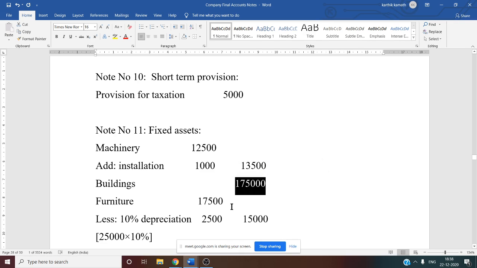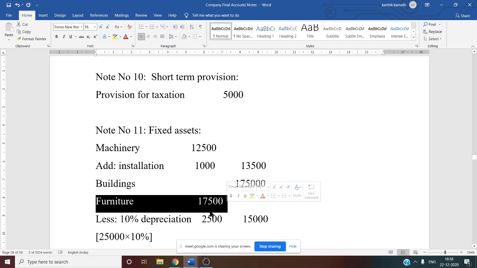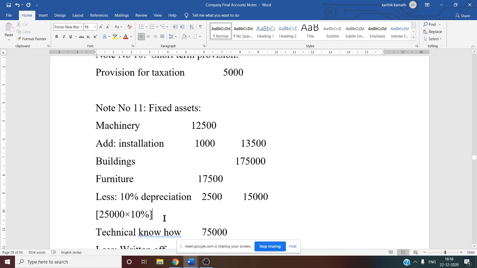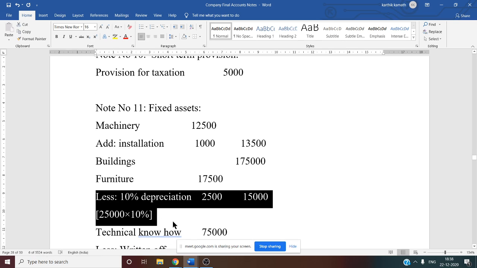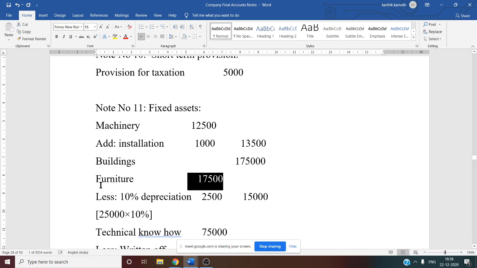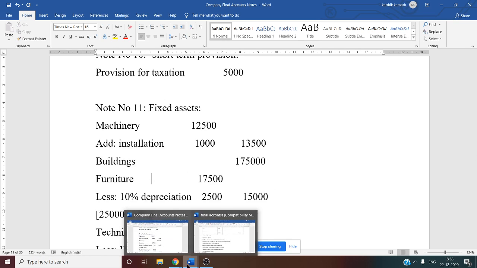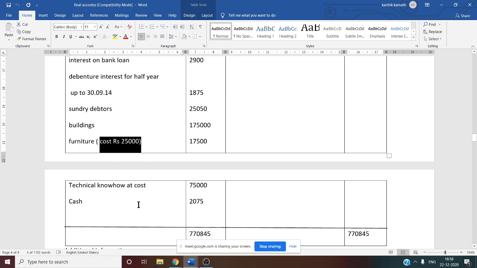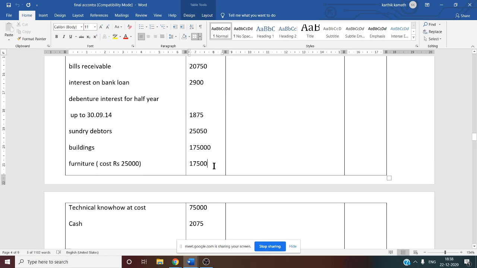What about building? Directly from the trial balance, no adjustment, 1,75,000. Furniture: you have to write cost value for depreciation and the actual price for furniture. Cost price is given in the bracket, furniture 25,000, and actual value of the furniture is given as 17,500. For depreciation you take 25,000 cost.